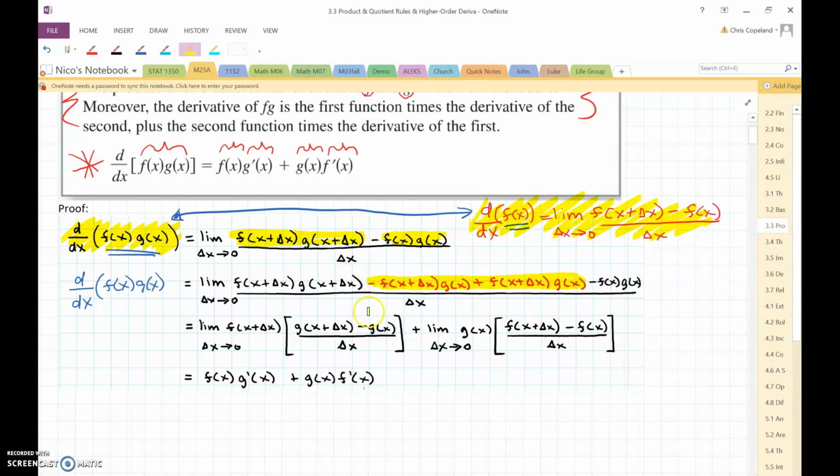If you notice here, this negative f of x plus delta x times g of x plus f of x plus delta x times g of x, if we were to add those together, since they're opposites, that's just a fancy way to write 0.